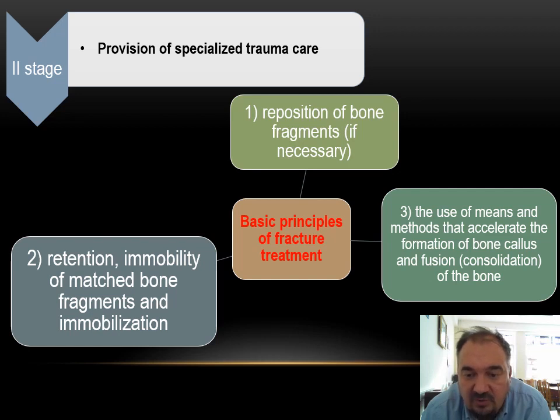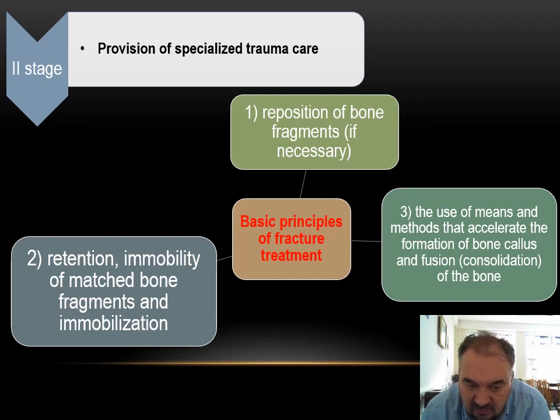What does the provision of specialized care include? We will now talk about outpatient care, and about serious fractures that also require surgical techniques, that is, inpatient treatment. There are 3 main components. The first, if necessary, is the reposition of bone fragments, that is, the restoration of the correct position of bone fragments.